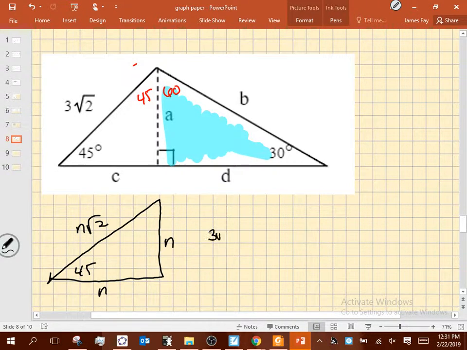Good. 3 radical 2 is going to equal n radical 2. So what's n got to be? N is 3. So when the white triangle and the template land on top of each other, this distance here is n, right? So what's that solve for down here? C. Now, you could have done this and found A first, but the way I did it, guys, I found C before I found A, right?